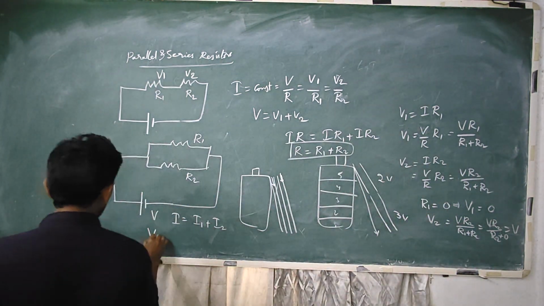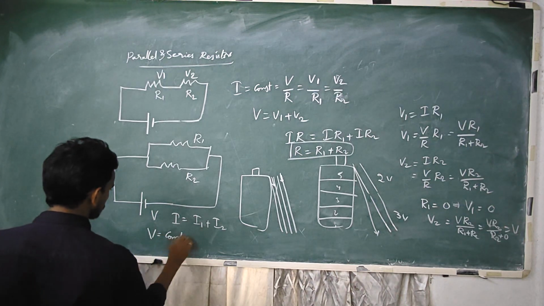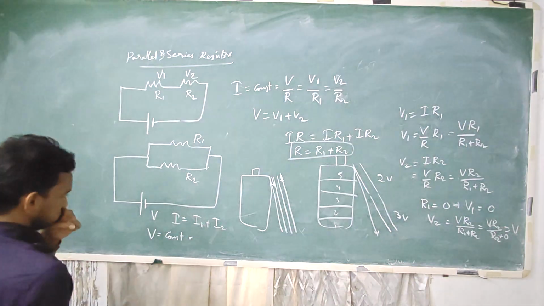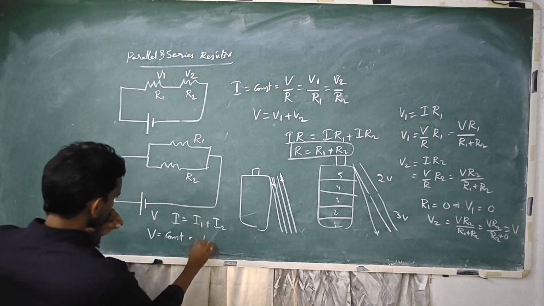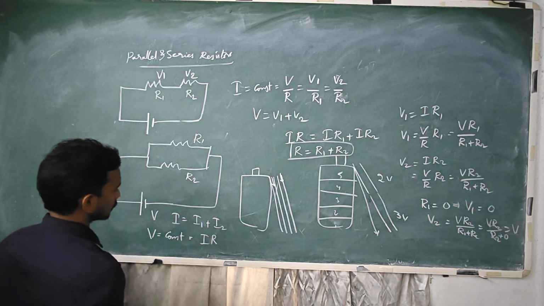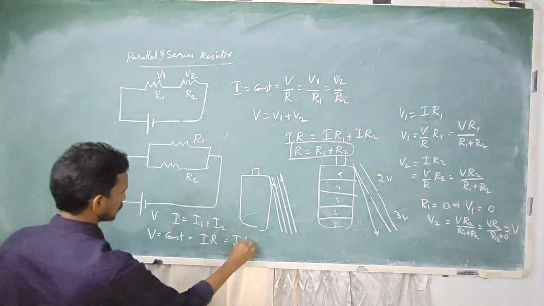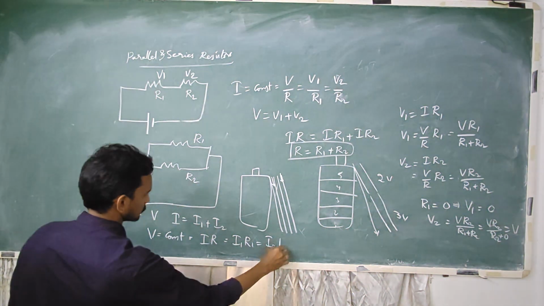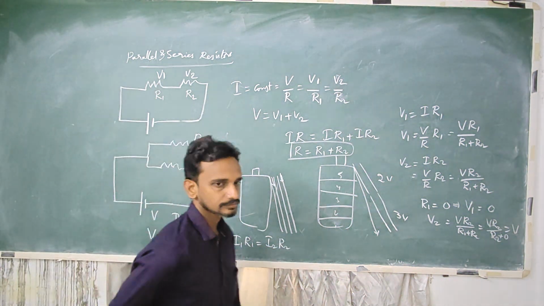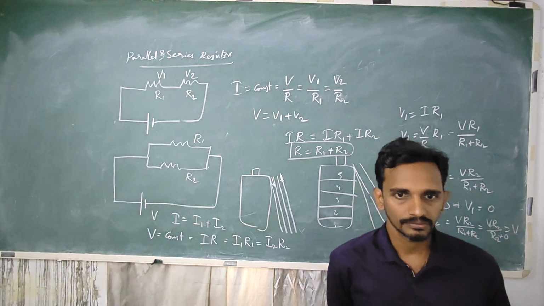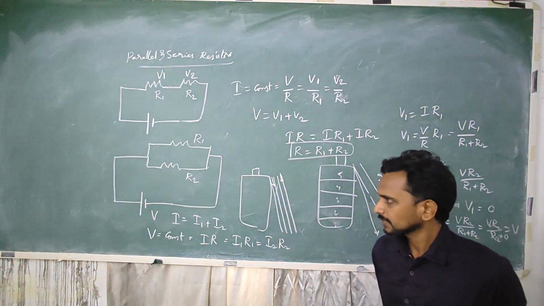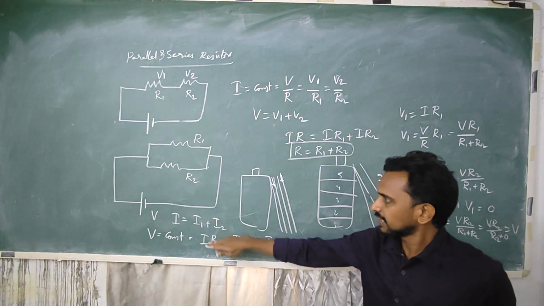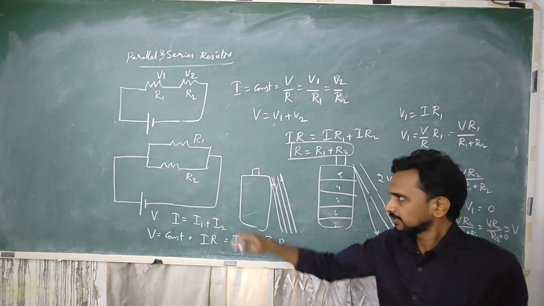Okay, so V is equal to constant. What is that? IR, I1 R1, I2 R2. So now I have to substitute these values into that equation.